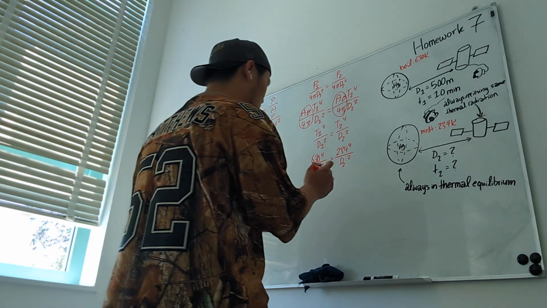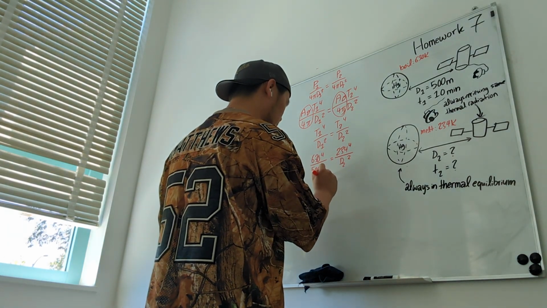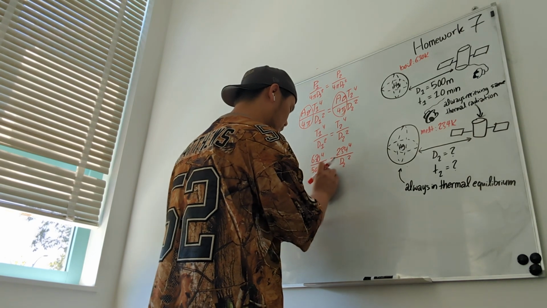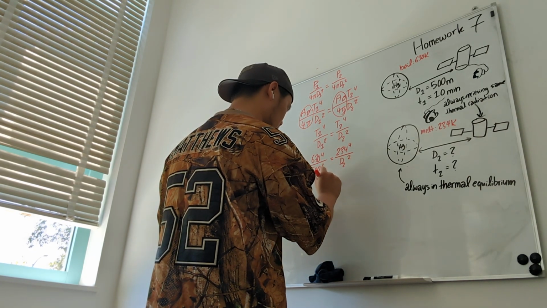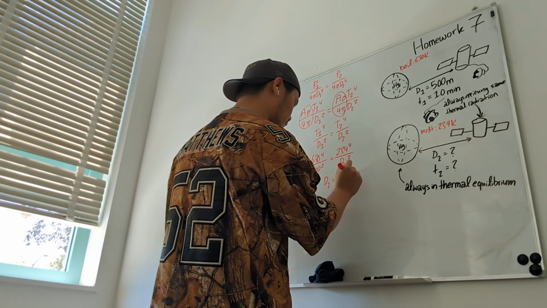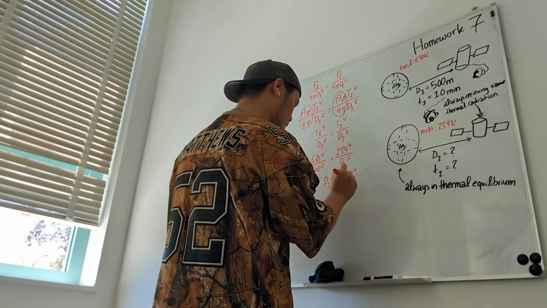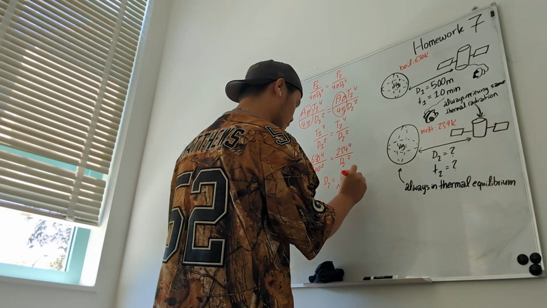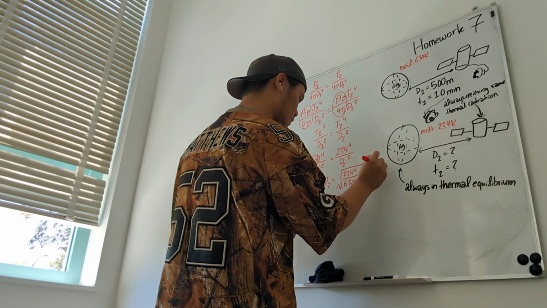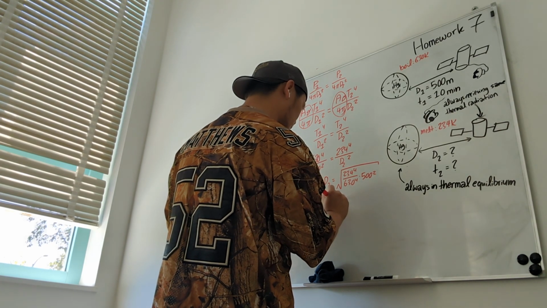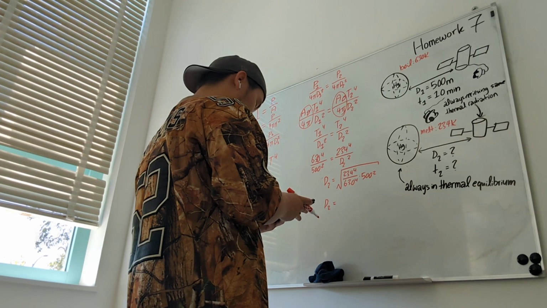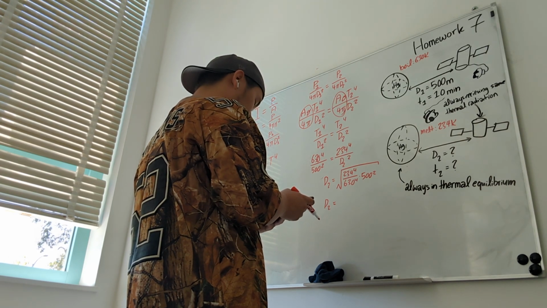We can isolate this by putting d2 over here and inverting this. We get d2 squared, or d2, excuse me, is equal to the square root of 234 to the fourth over 630 to the fourth times 500 squared.